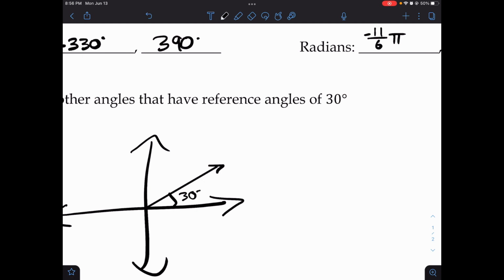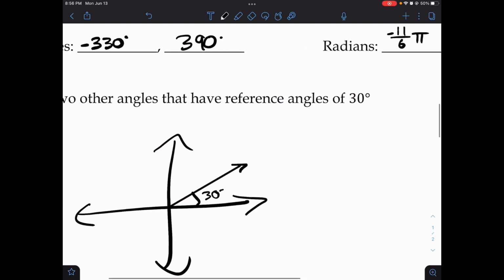From 30 degrees, what is the closest way to reach the x-axis? So from the terminal side, what is the closest way to reach the x-axis? So in this case, that would be 30, because this is the x-axis and this is the y-axis, right?